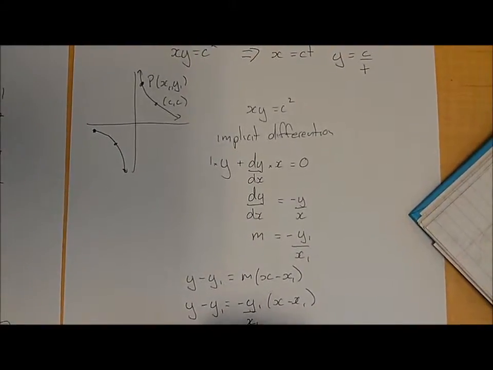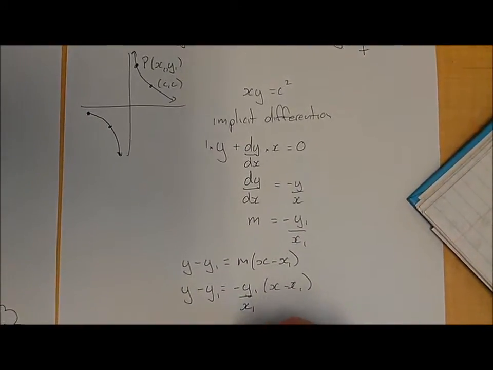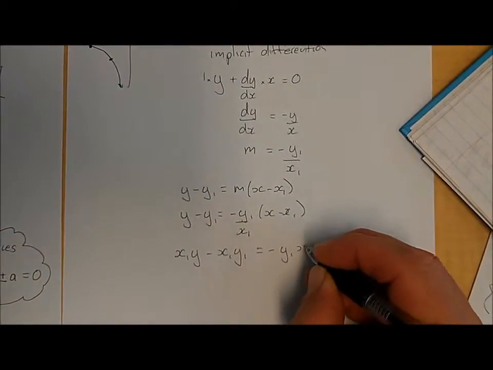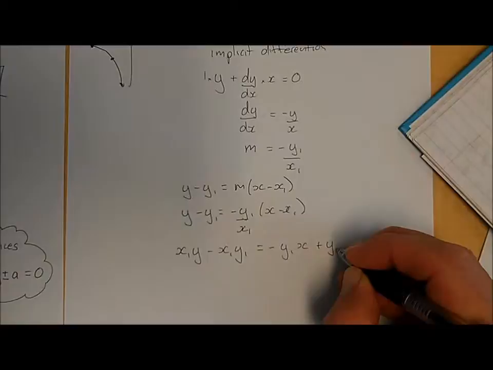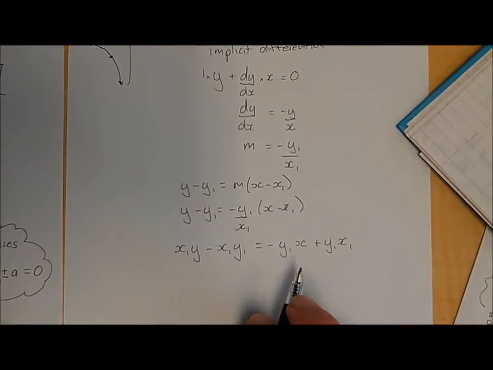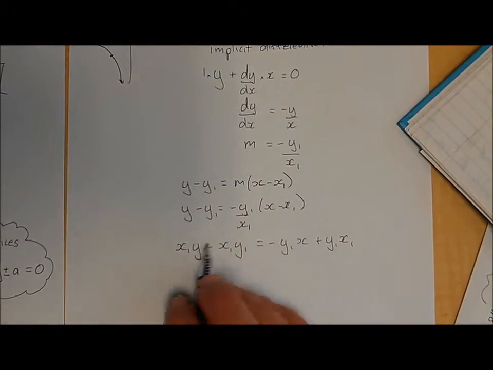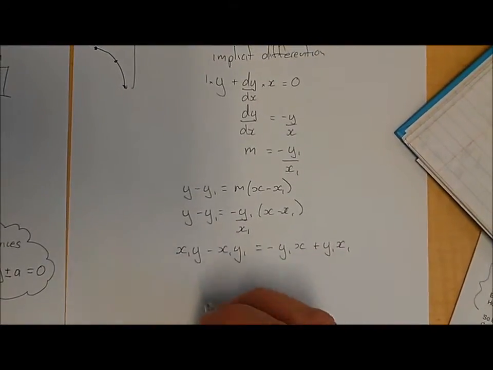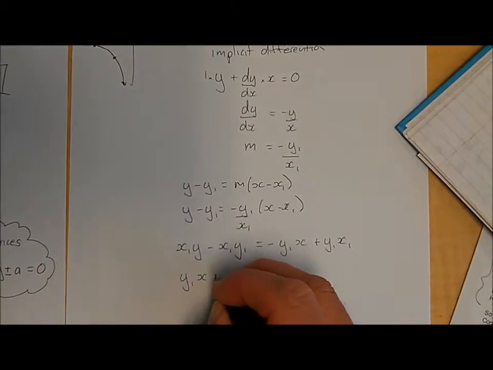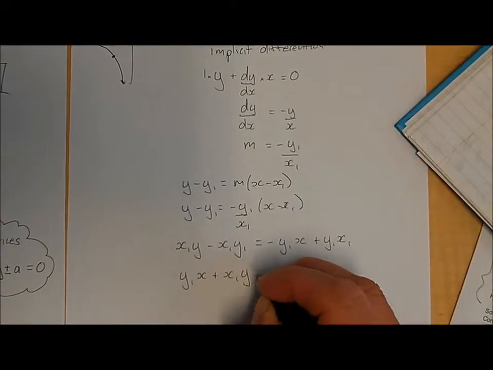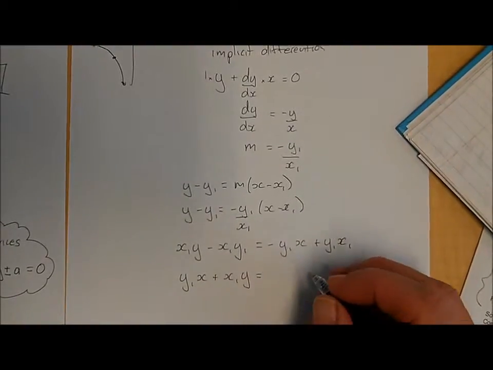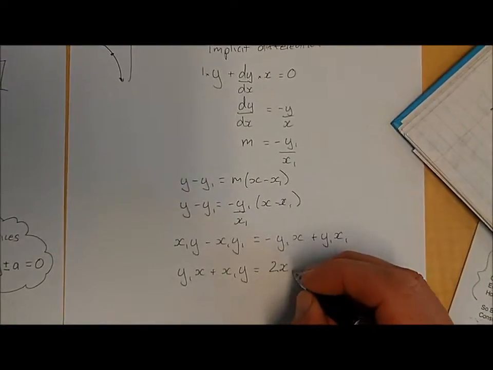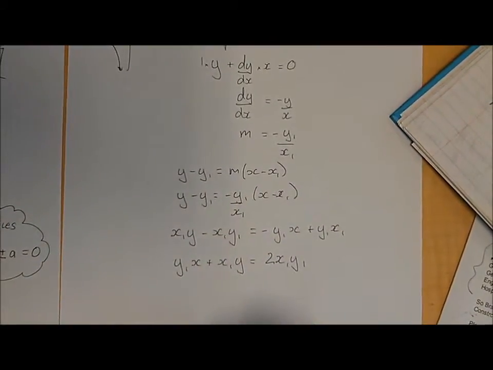This becomes x1y minus x1y1 is equal to negative y1x plus y1x1. Now I'll move the variables x and y together, so I get y1x plus x1y is equal to, bringing this over to here, two lots of x1y1.